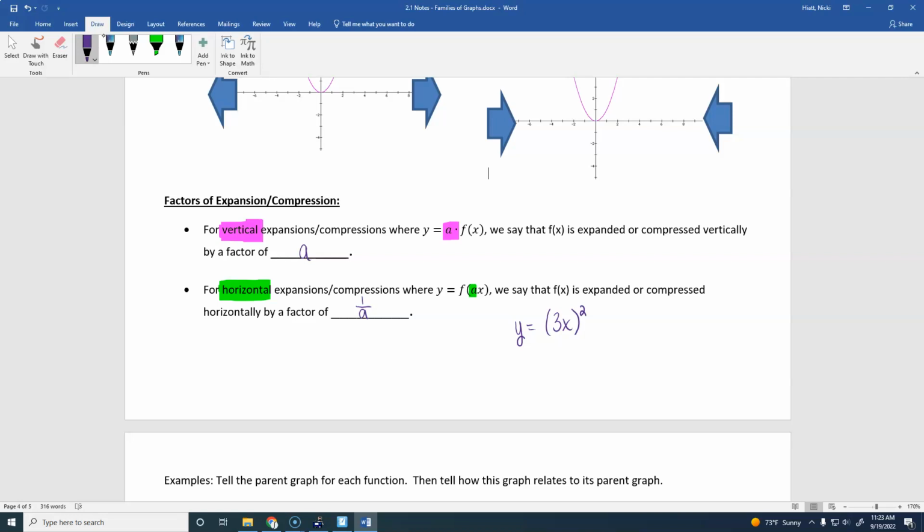The inside of the parentheses tells me this is horizontal. 3 is a big number, so what's it going to do? Shrink. It's going to be a horizontal compression by a factor of 1/3, not the 3.